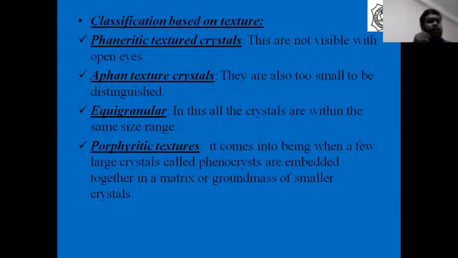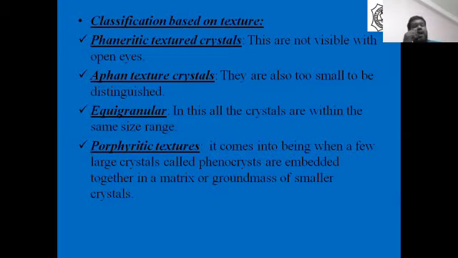Now let us see classification based on texture. There are different classifications. Number one is phaneritic textured crystals. These crystals are large enough to be seen with the naked eye or a hand lens.